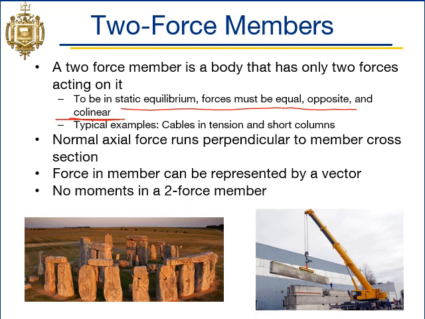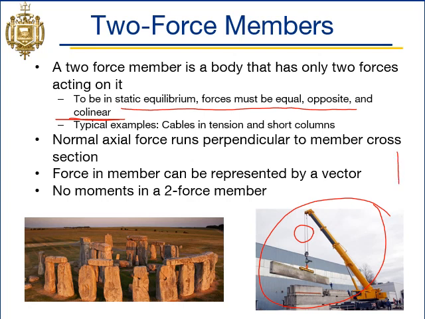So our typical examples that we'll see of two-force members are cables in tension and short columns. So cables in tension, you know, this crane is a good picture of that, right? This crane is lifting this reinforced concrete beam, and so we've got our cables here. If we were to make a cut in our cables, we'll just look at one cable, not both cables.